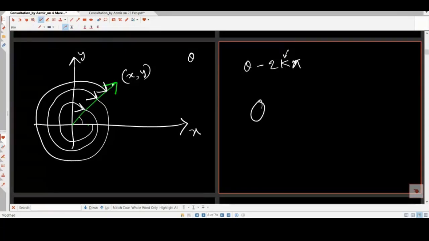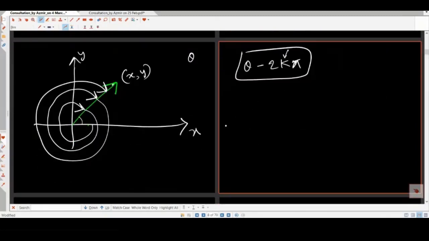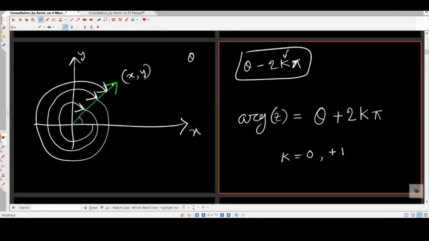So why not we generalize the concept? That is, previously we had theta plus 2k pi, and now we have found theta negative 2k pi. So now we can write that argument of z is equal to theta plus 2k pi, where k equals 0, plus 1 or minus 1, plus 2 or minus 2, plus 3 or minus 3, and this is the continuation.